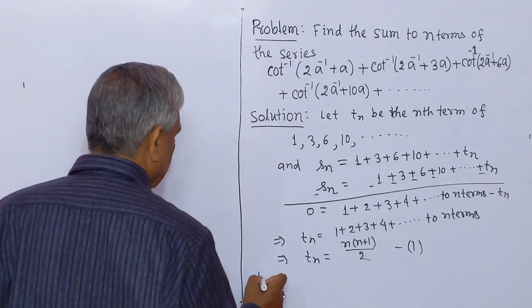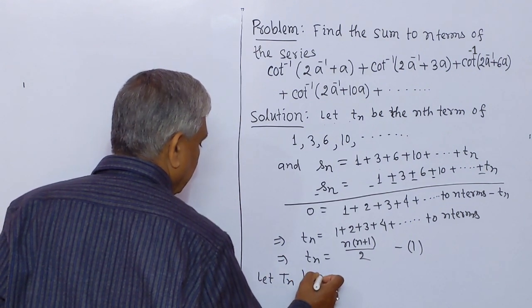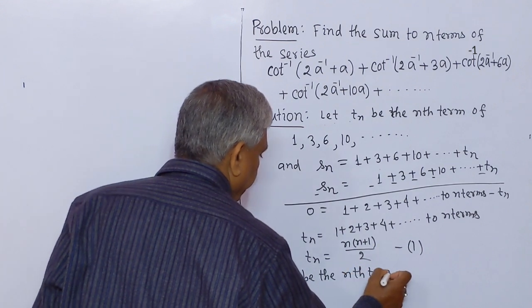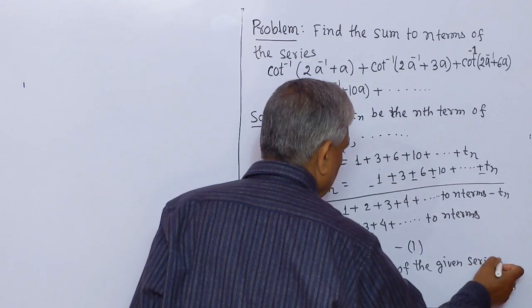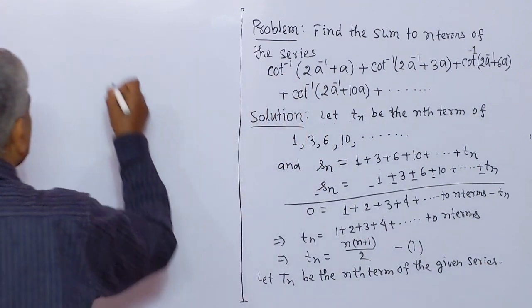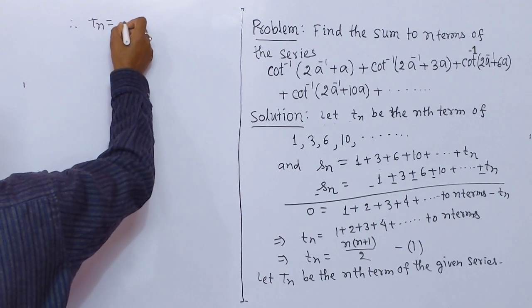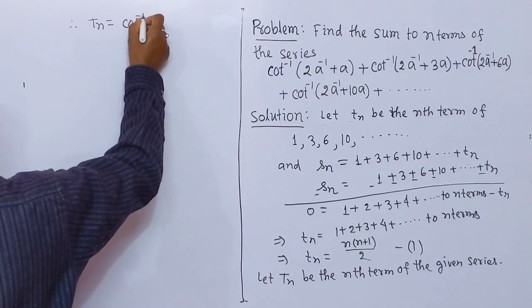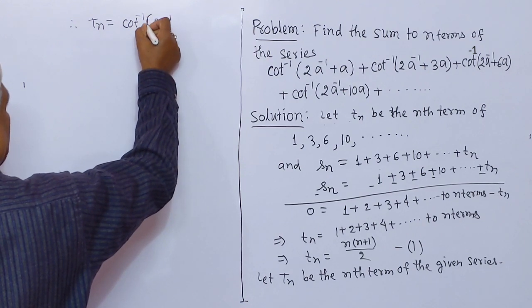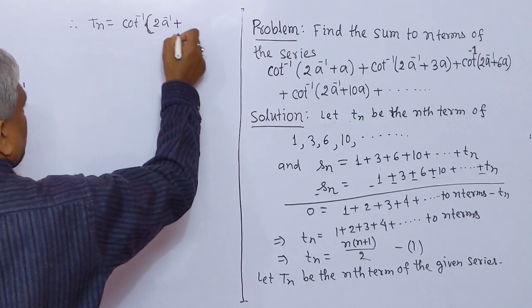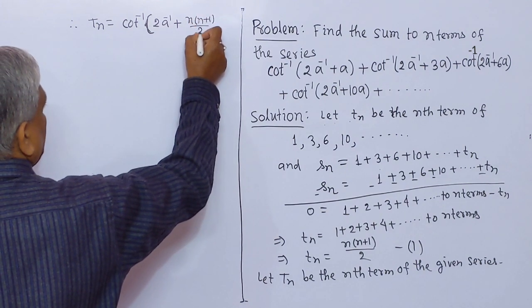Let capital Tn be the nth term of the given series. Therefore, capital Tn equal to cot inverse (2a inverse plus n into n plus 1 by 2a).